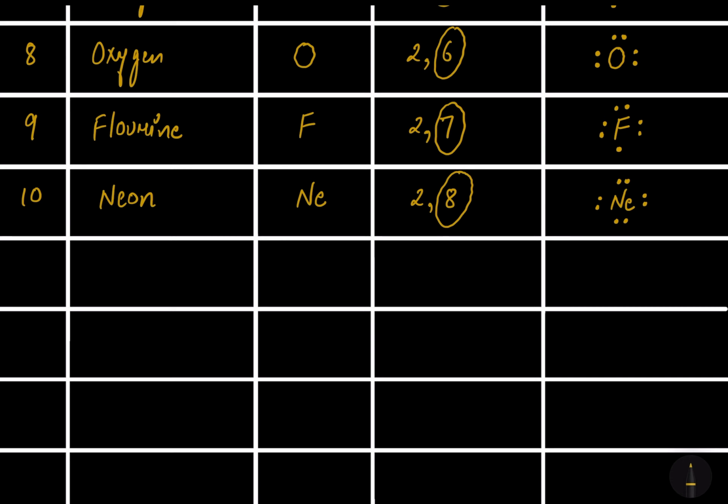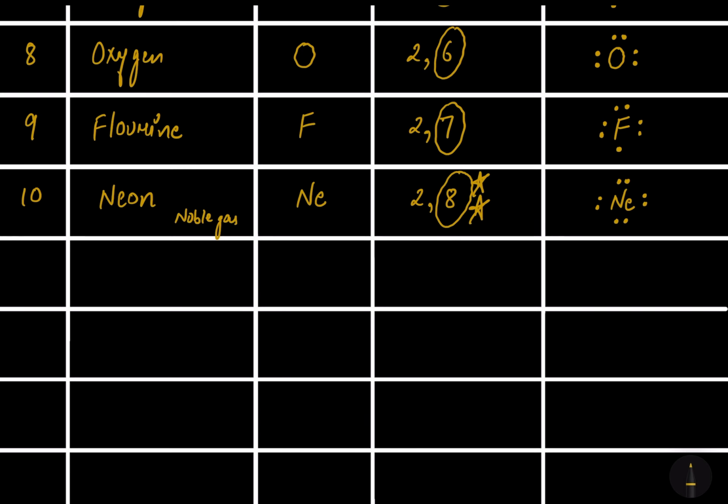That's why neon is a noble gas, because it has completely filled electronic configuration of the first 2 shells, the 2 electrons in the first shell and the 8 electrons in the second shell.